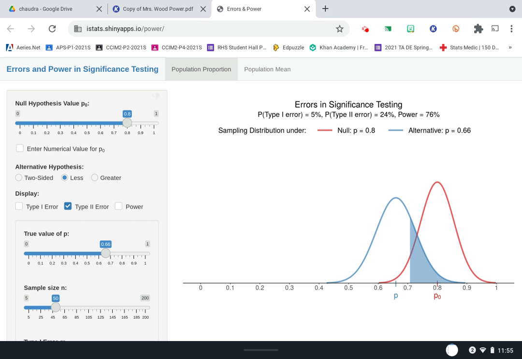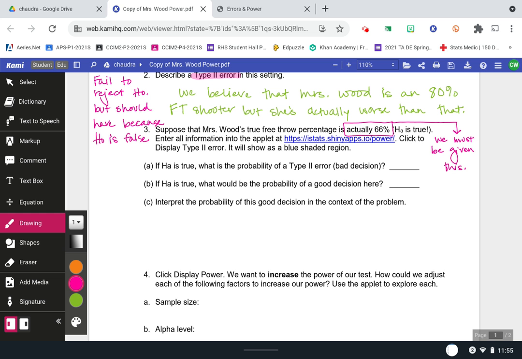Okay, if you filled in all the information correctly, you would see that the probability of a type 2 error is 0.24 or 24%, which means the power of the test, the probability that we were correct, is 76%. So let's get those values filled in, and you should be checking yours and making sure they are correct.